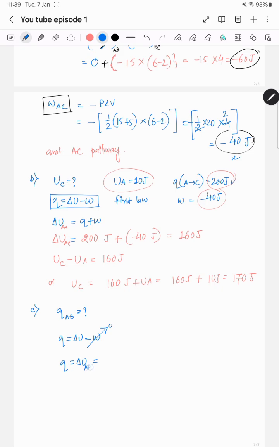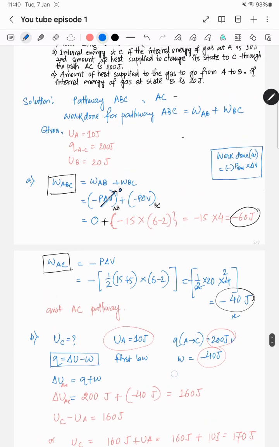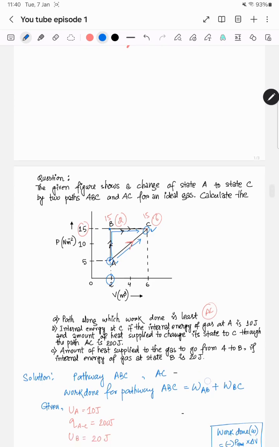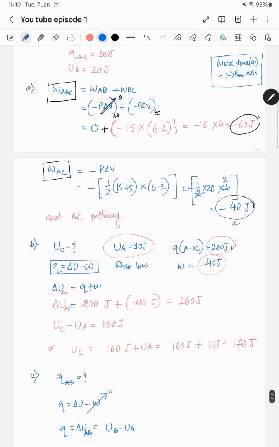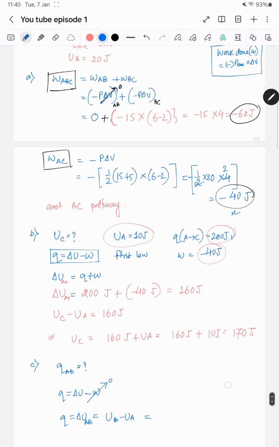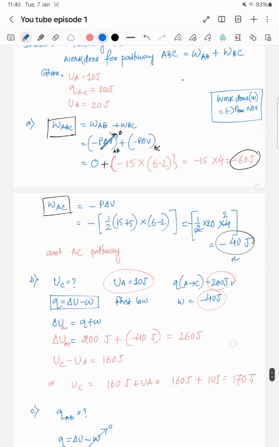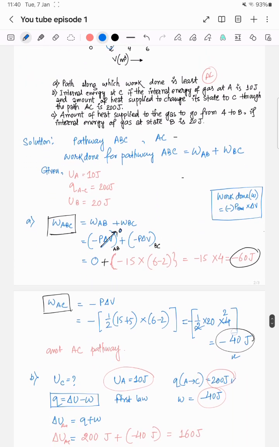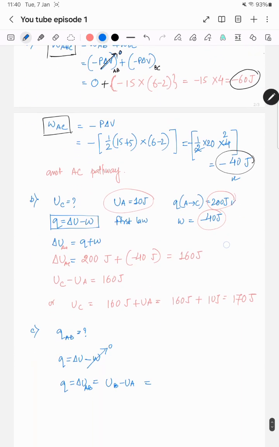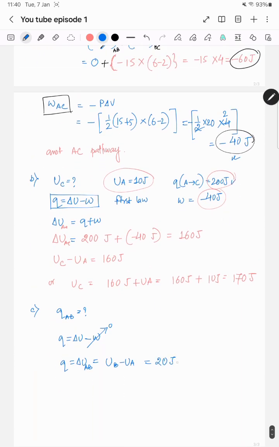Now delta U for AB will be U of B minus U of A, because the arrow is showing the final destination is B. For the pathway AB, the initial one was A, so it will be U of B minus U of A. Now U of B, the internal energy at state B, is given as 20 joule, minus U of A, which is also given, right?